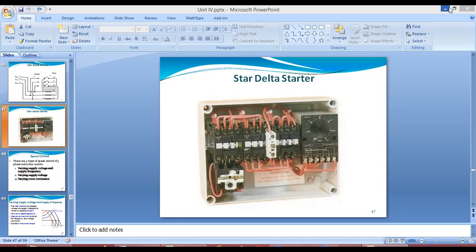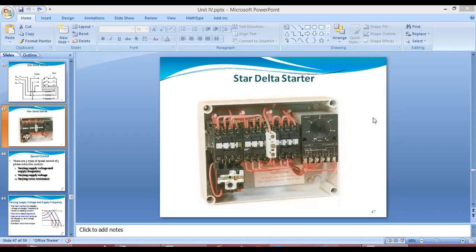Again, we can use the stator resistance starter. If we use the stator resistance starter to start the three-phase induction motor, we can select the resistance so that about 70% of rated voltage is applied to the motor. At the time of start, full resistance is connected in series with the stator winding, and it gradually decreases as the motor increases its speed.